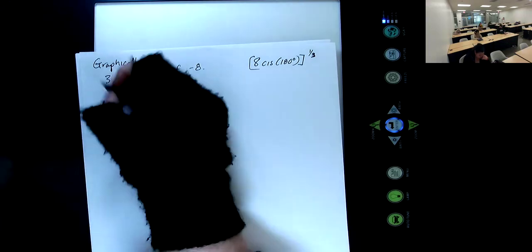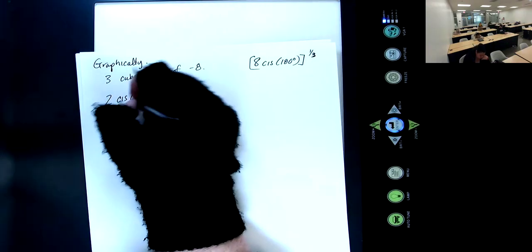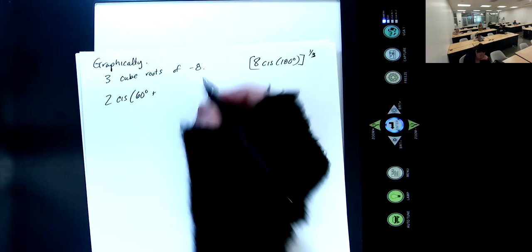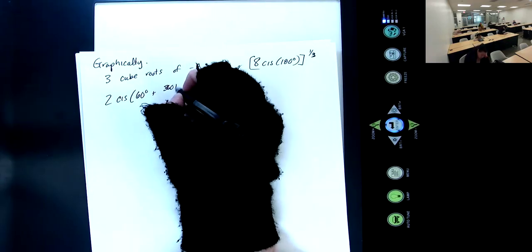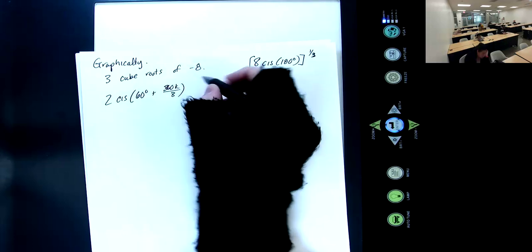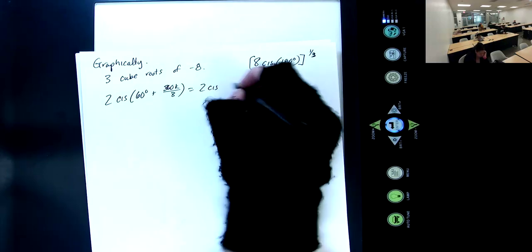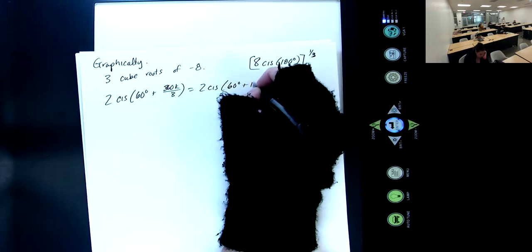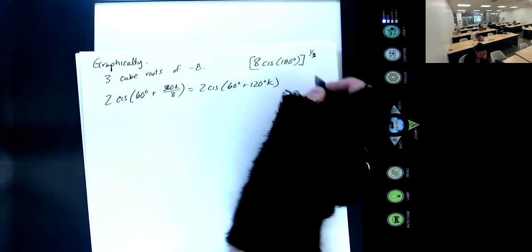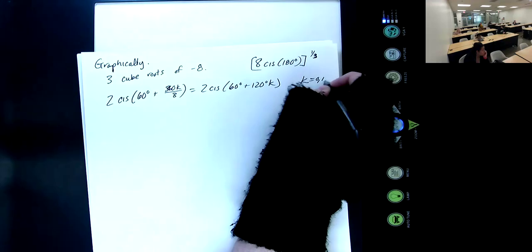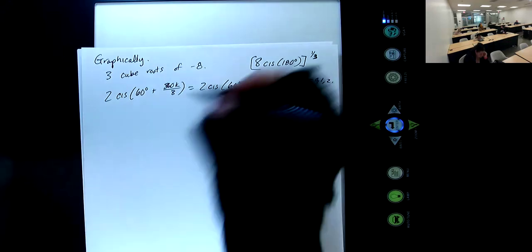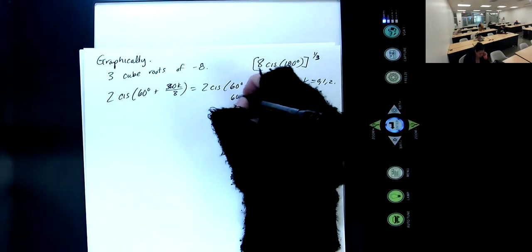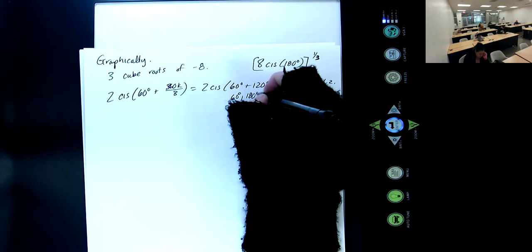That led to 2 cis of 60 plus 360k over 3, which was 2 cis of 60 degrees plus 120 degrees k, k equals 0, 1, and 2. Those are the answers we had, and that ended up giving us 60, 180, and 300.